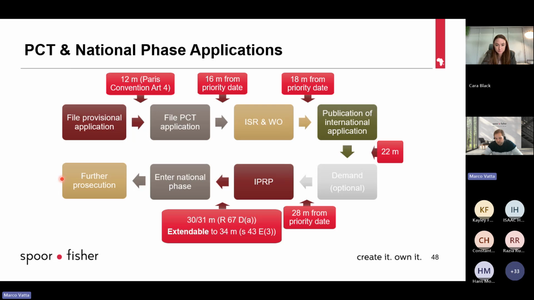So we will review the South African specification or the international specification that's been filed into South Africa and basically conduct our own examination to consider whether there are any discrepancies or any issues that need to be addressed in order for that specification and claims to be in alignment with South African law, taking into account not just the legislation, but also case law and specific practices in place. So that's basically what happens in South Africa.